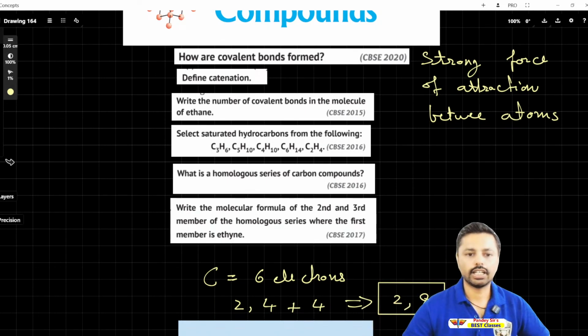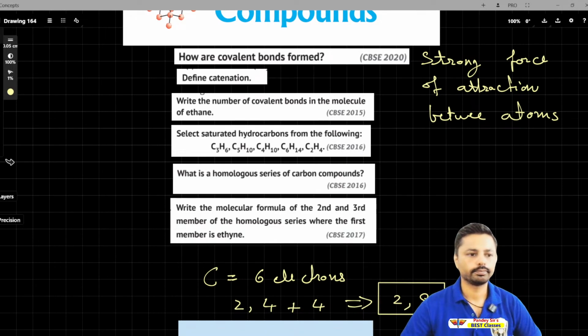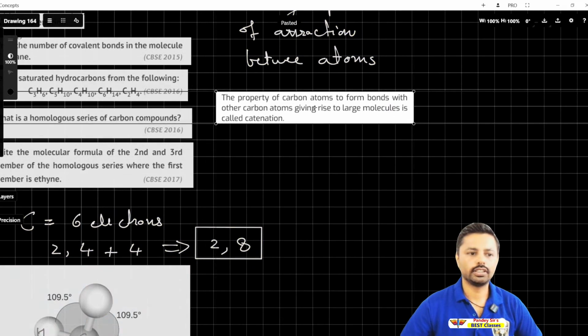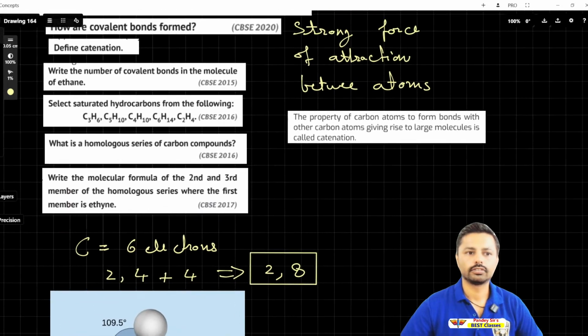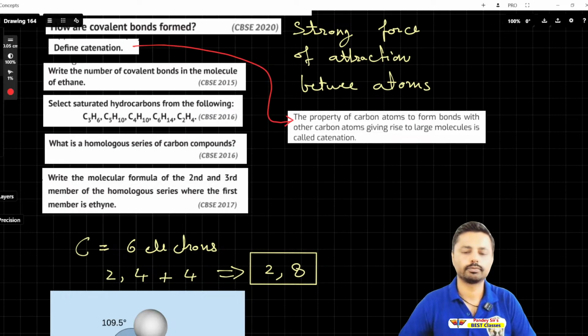That's catenation. I'll show you the official definition also. So here is the answer for catenation. This is the definition of catenation.